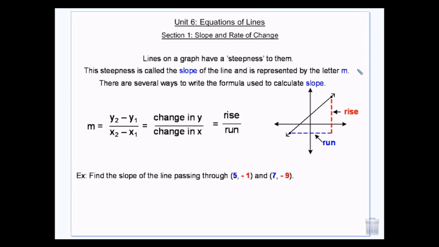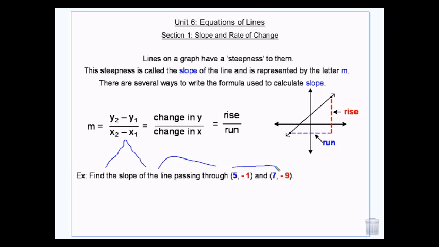So if we talk about it, I'm just going to draw something right here. If I say I have a mountain, it's steep. If I have a hill, it's not so steep. If I have Florida, it's not steep at all, right?